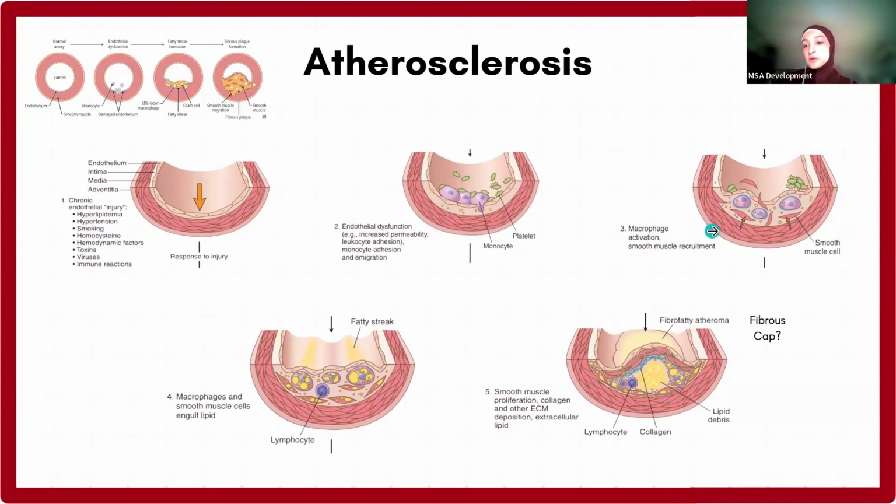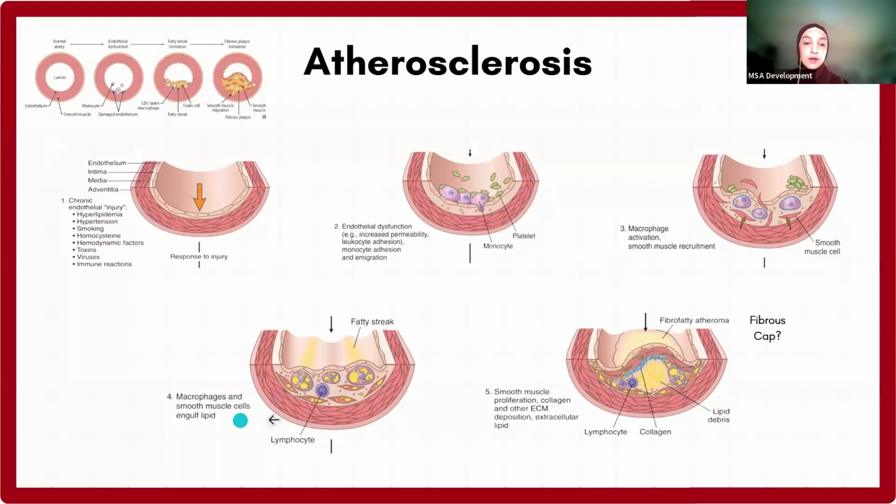Then there will be smooth muscle recruitment. So we have macrophages and smooth muscle cells with hyperlipidemia and hypertension. This will lead to the formation of foamy macrophages, which are essentially macrophages with lipid deposited inside them.